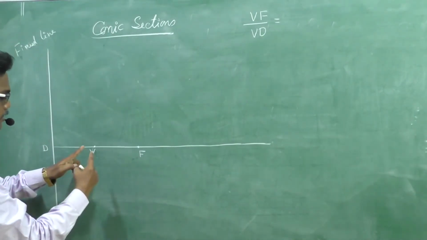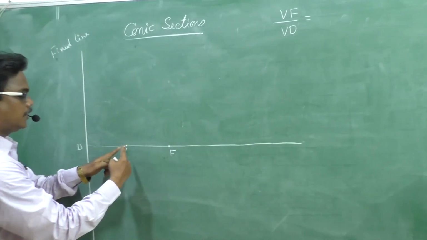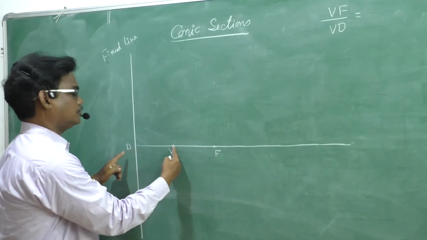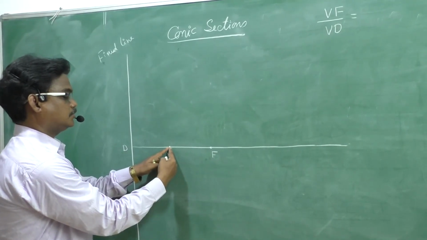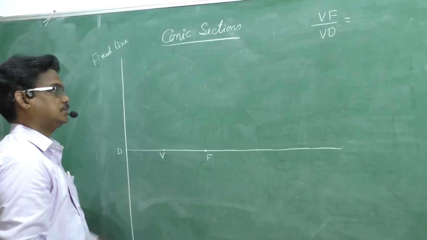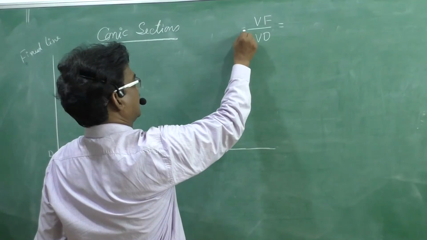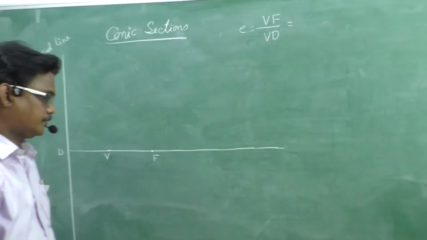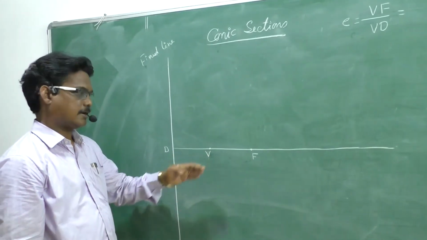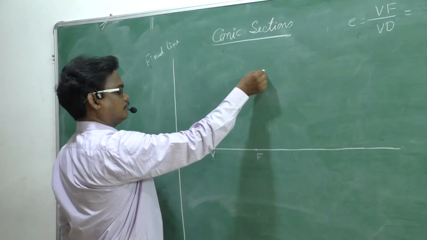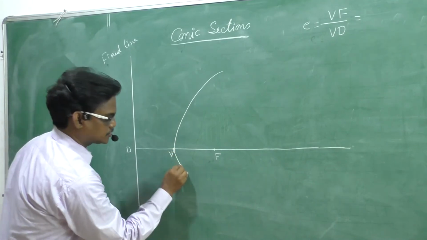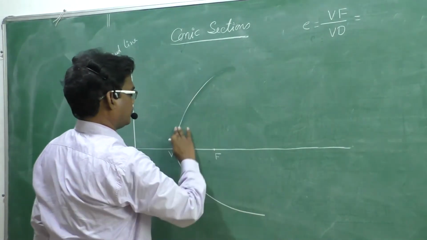Now we can say that the ratio between the considered point to F and the considered point to D, that is, considered point to fixed point and considered point to directrix, that ratio we can call the eccentricity E. And by maintaining the same ratio, if you draw a curve, the obtained curve will be like this, which is a parabola.